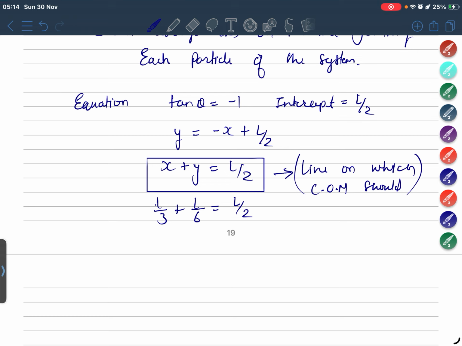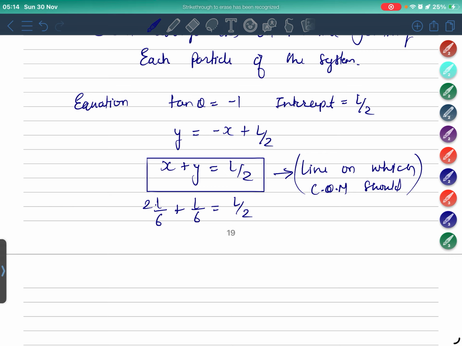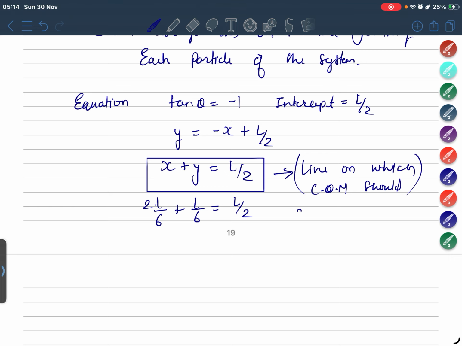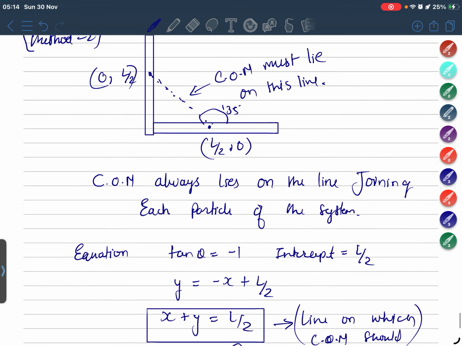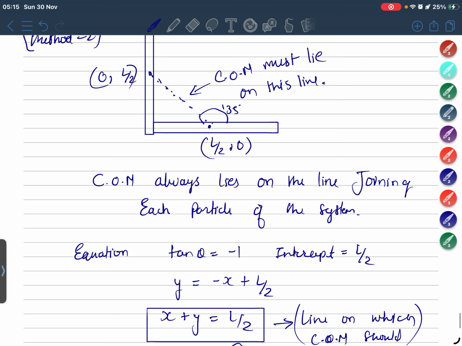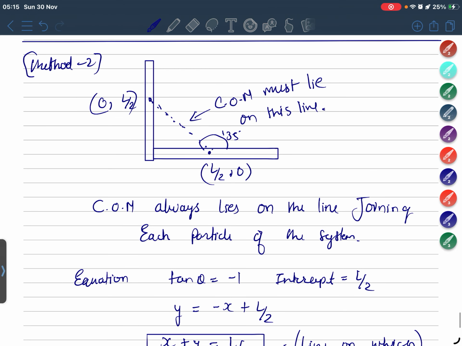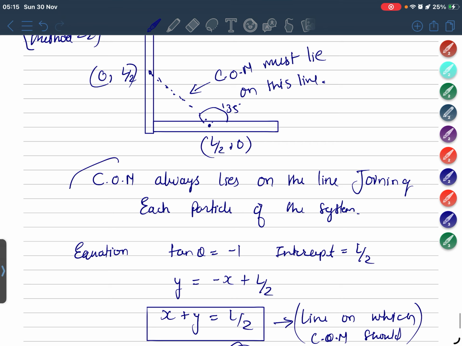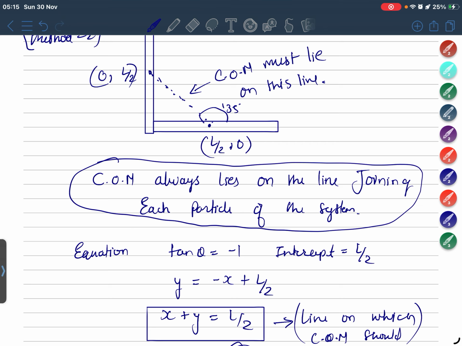Definitely. This becomes 2L plus L over 6, which is 3L by 6, definitely equal to L by 2. So method 2 is relatively faster and easier if you understand the concept. The concept is that the center of mass of a two particle system always lies on the line joining the two particles.